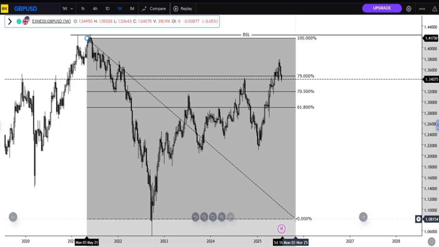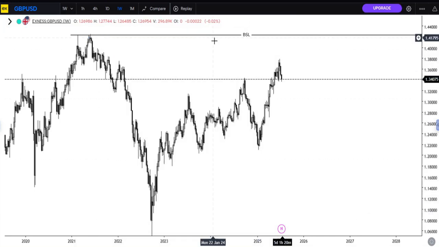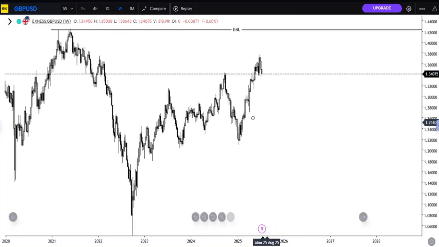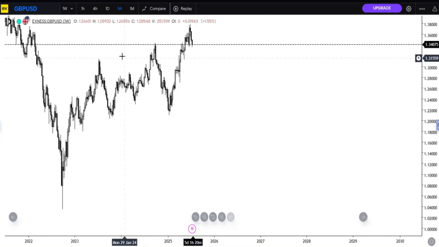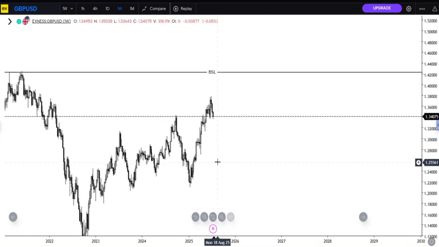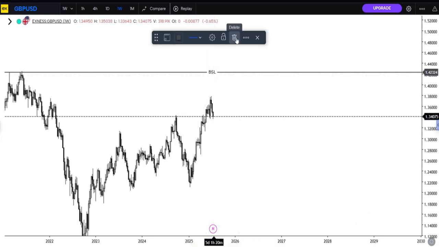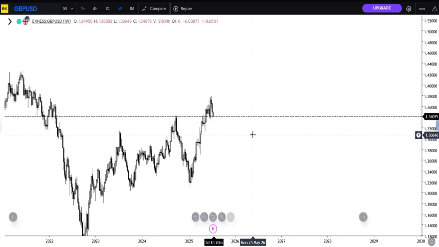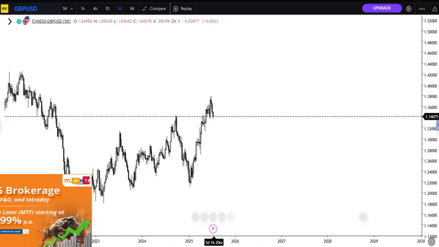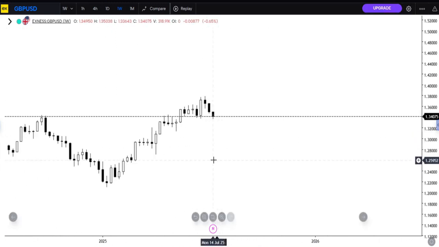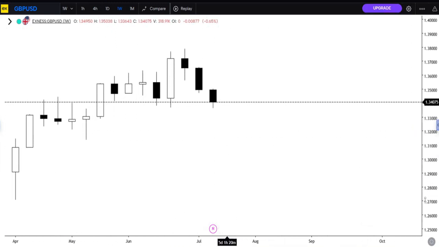Nope, it's not respecting an OTE. And it's just swept liquidity right now, so let me just see, man. This is tricky, very tricky.